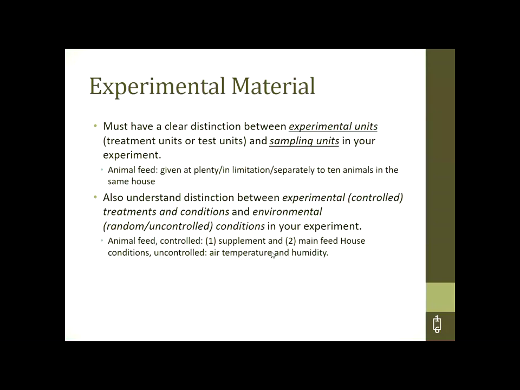So we might have a plot of maize or wheat that's growing here, and we could collect 2 measurements of biomass from the same plot, or 2 measurements of plant height. They're not independent measurements, so they're not replicates. They're just repeated measurements of the same experimental unit.